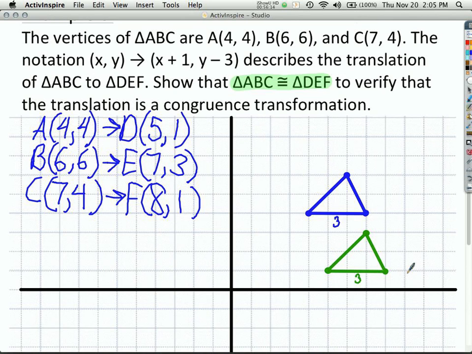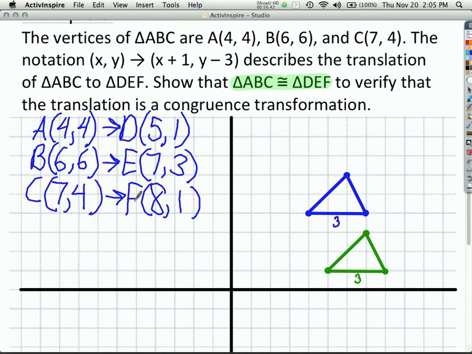But let me show you something else. Because that's a lot of work. I mean, think about it. We got one pair of sides congruent. We would have to do the distance from A to B, B to C, and then A to C, D to E, D to F, and E to F. We already have 2 of them.